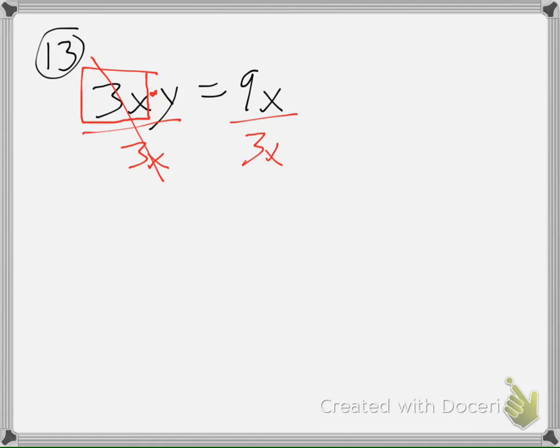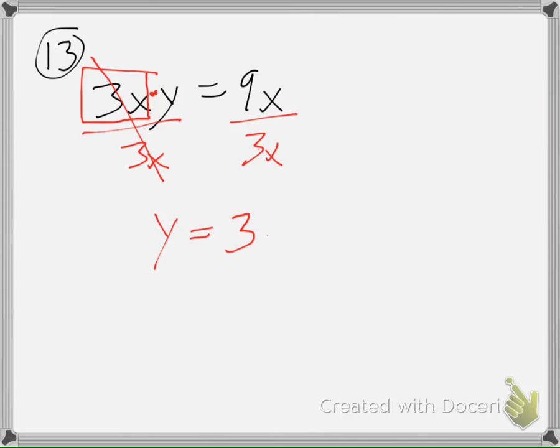On this side, it'll cancel because 3 divided by 3 is 1, and x divided by x is 1. So you get 1y. And then I get y equals, and over here, 9 divided by 3 is 3, and x divided by x is 1. So this is 3 times 1, which is 3. So I get y equals 3.